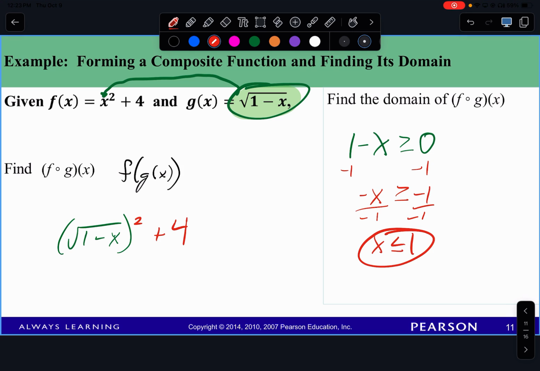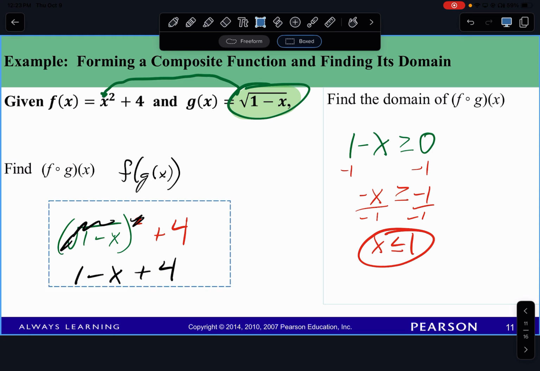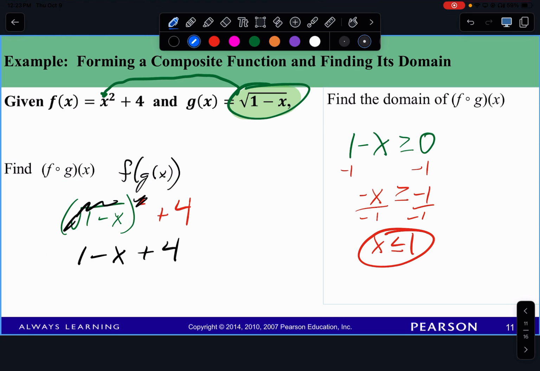What's going to happen with that squared and the square root? It's going to cancel. So that's gone, and now that's gone. So I have 1 minus x plus 4. So my composed function, f composed g of x, is equal to negative x plus 4.